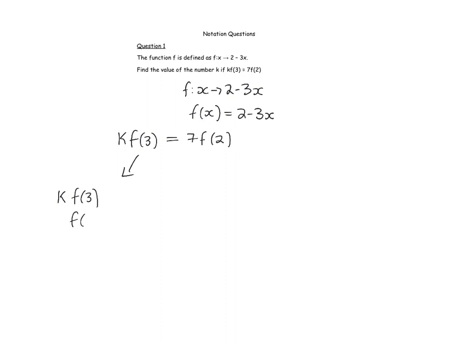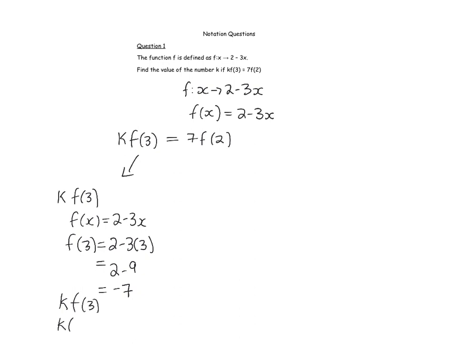Well, we know f of x is equal to 2 minus 3x, so then f of 3 is 2 minus 3 times 3. So that's 2 minus 9, which is going to be minus 7. So then k f of 3 is k times minus 7, which is going to give us minus 7k. I'm going to highlight that so we can come back to that in a minute.